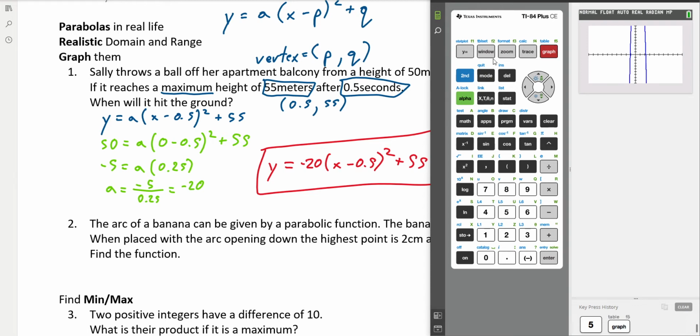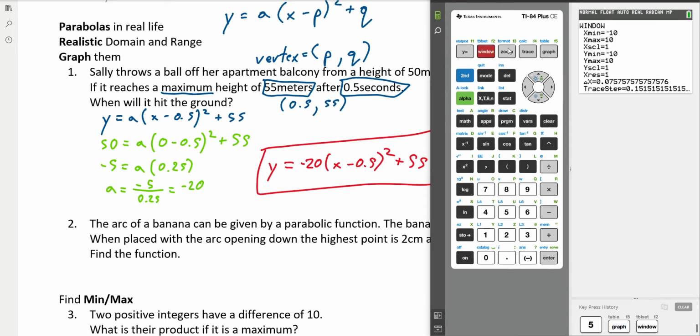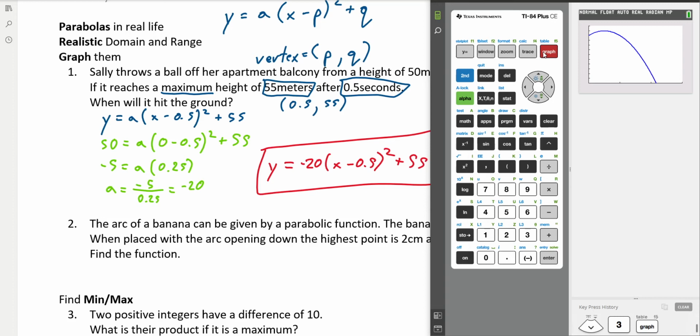We can't see it really well right now, but let's go to 0. We want bigger height, so let's go to 25. Oh, we're going to actually have to go all the way to 55, aren't we? So let's go to 60. And let's start with this and see if that works. Yeah, it's pretty close. Let's go down to 3. There you go. So now we have ourselves a graph, which is pretty fantastic.